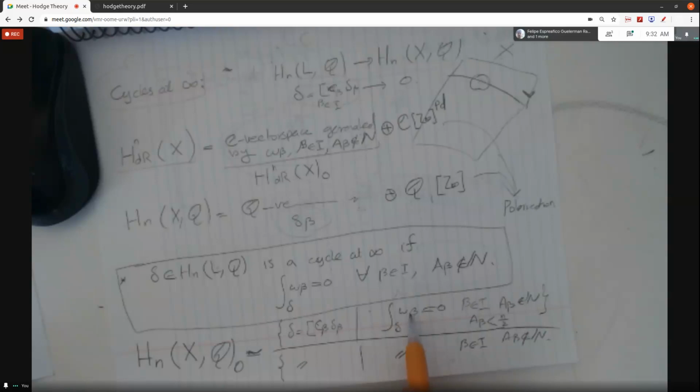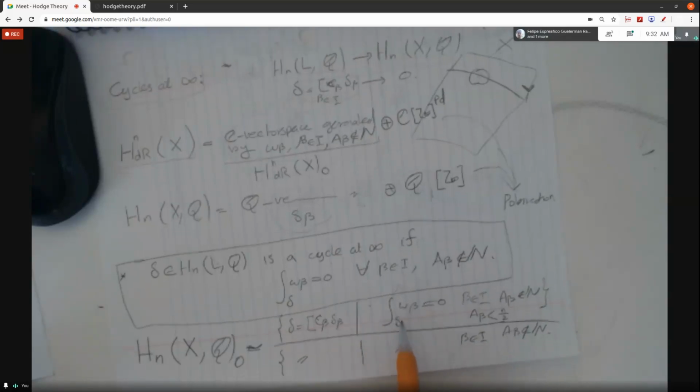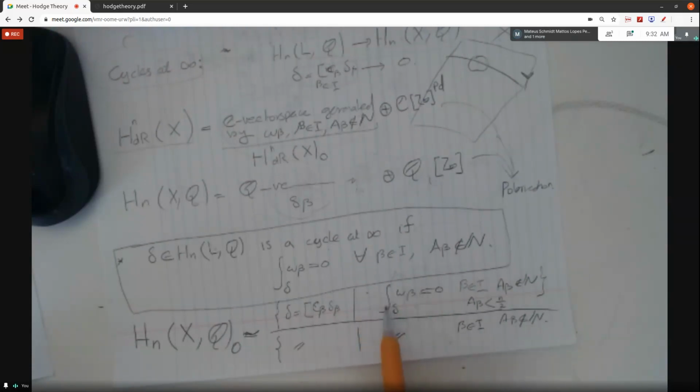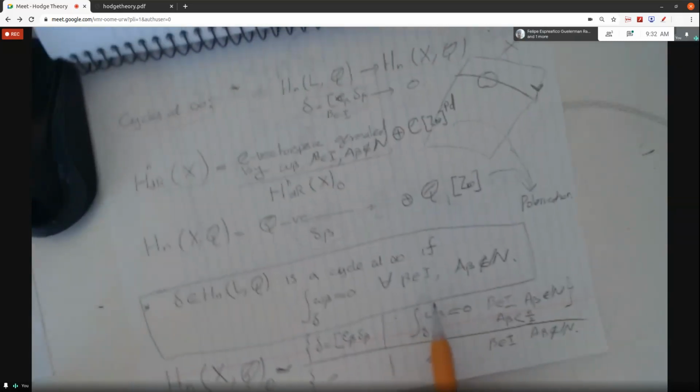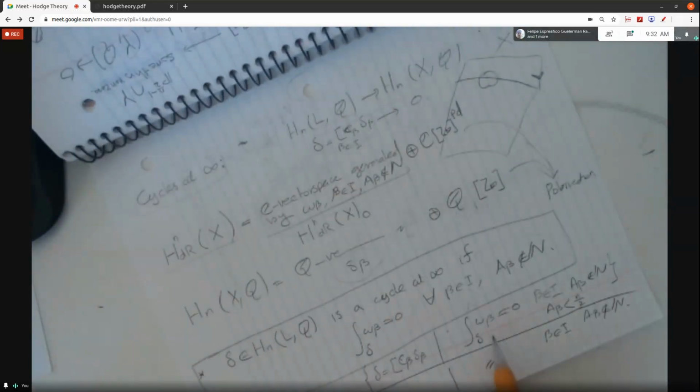So this transcendental factor can get out. So that at the end of the day, this Hodge cycle doesn't depend on the transcendental gamma factor of my differential form. I will just need the beta factor.